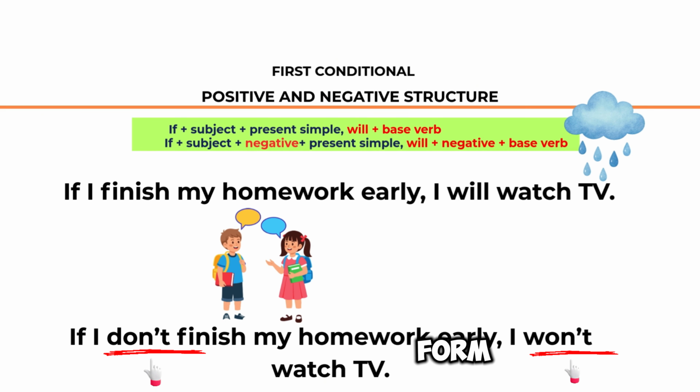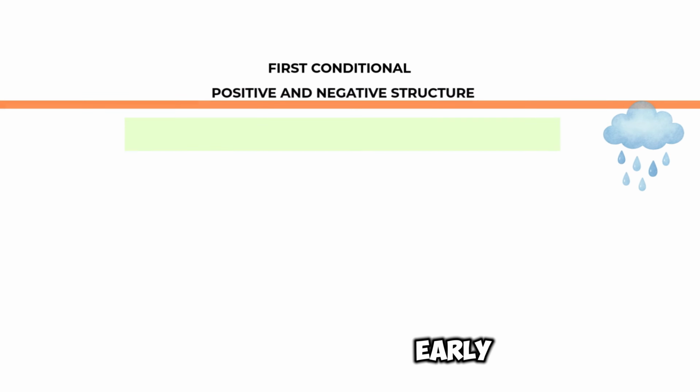The positive form is if I finish my homework early, I will watch TV. So the don't comes before the verb and won't comes before the verb in the result clause. Won't is the same as will not. So I will not watch TV if I don't finish my homework early.